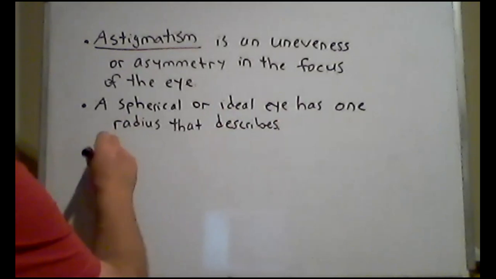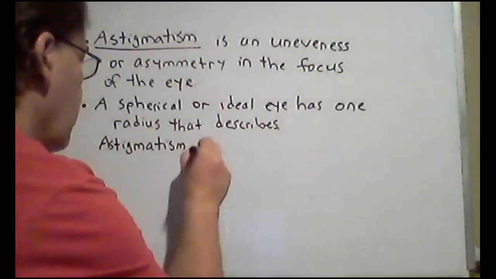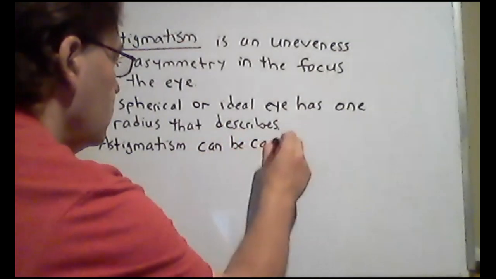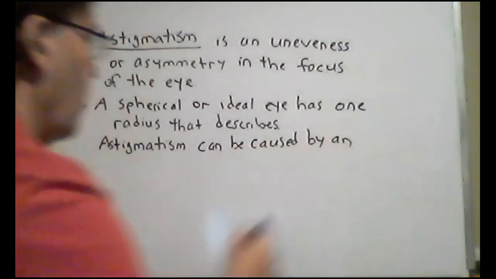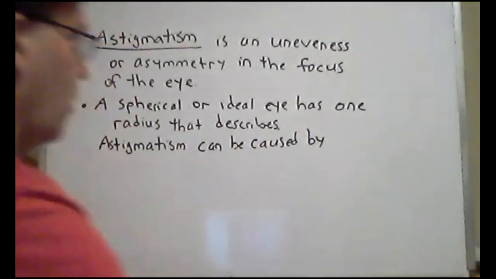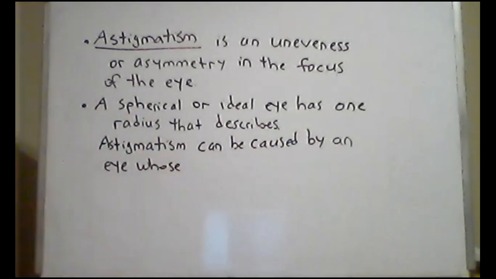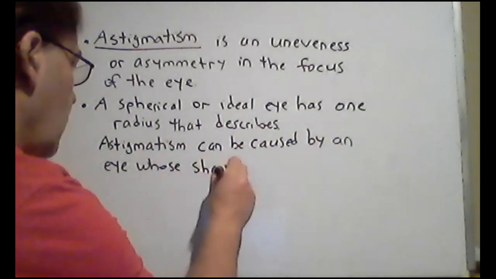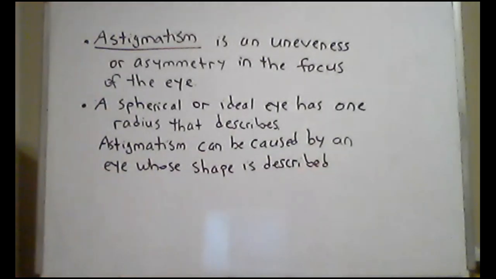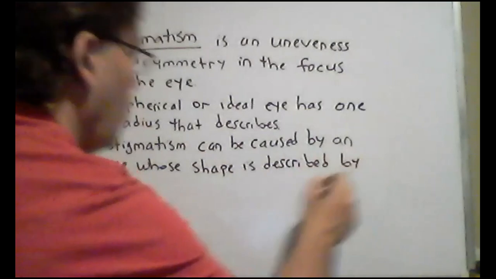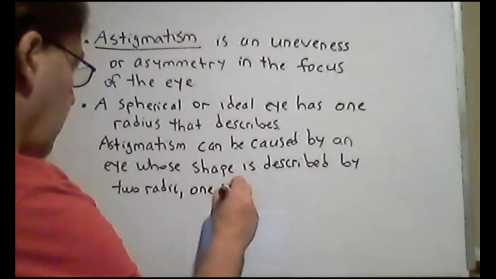You can have astigmatism caused by an aspherical eye, or by an eye whose shape is described, I would say, by two radii. One vertical, one horizontal, typically.